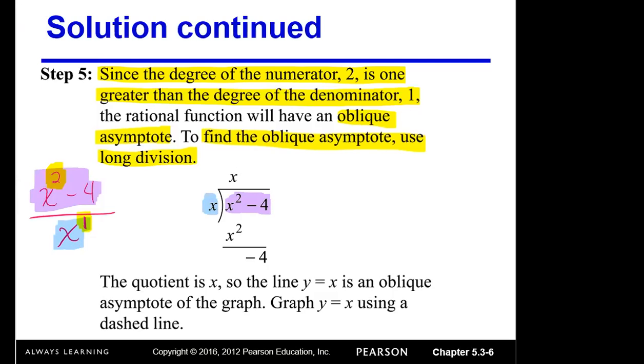Let's say I wanted you to divide 3 into 51.